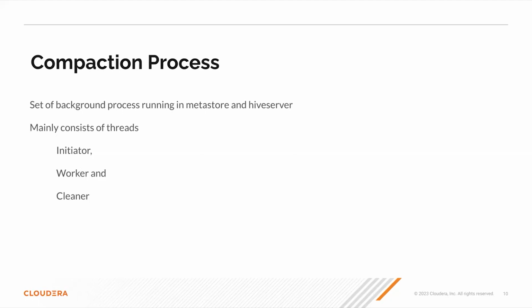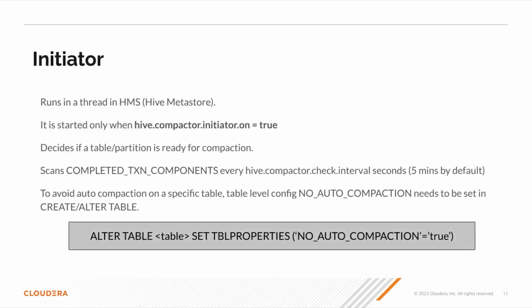Just checks if all the conditions are met and if it's fine to compact, are there enough delta files and everything. And worker does the actual work of compaction, the actual process. And cleaner is that once it's combined and we got the new files, the old files will be there. This needs to be cleaned up. That's what cleaner does.